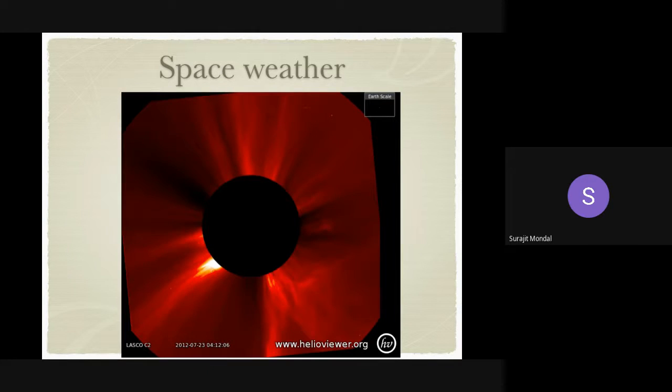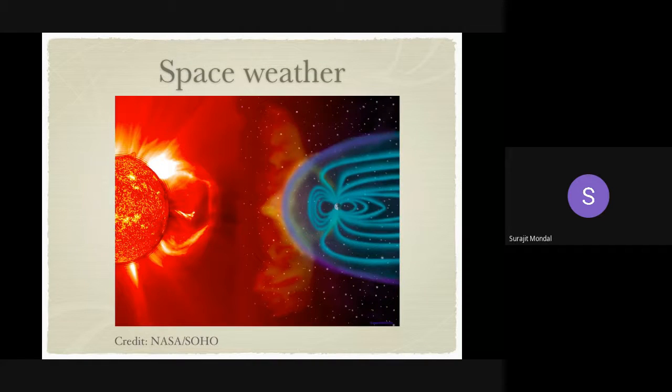So this big CME has erupted from the sun, and these CMEs have actually a very high momentum because of their huge mass and velocity, and they can often hit Earth. So this is the CME which is moving towards Earth. This is the Earth, and this is the magnetopause.